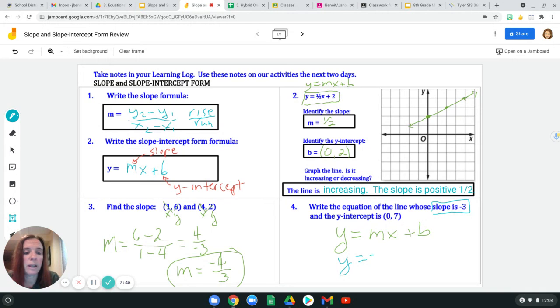So we're going to put a -3/1 there. X doesn't change, so x stays attached. Y-intercept is your b, and that's 0, 7. So we'll use a +7, and that's all it takes. You have your note packet, and now you have these notes. Let's get ready to review.